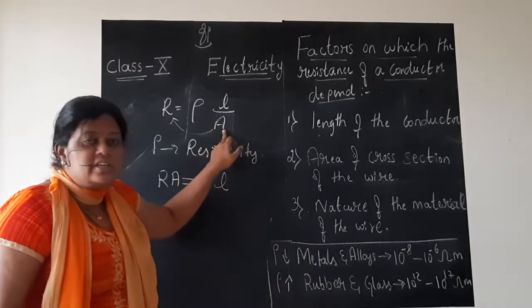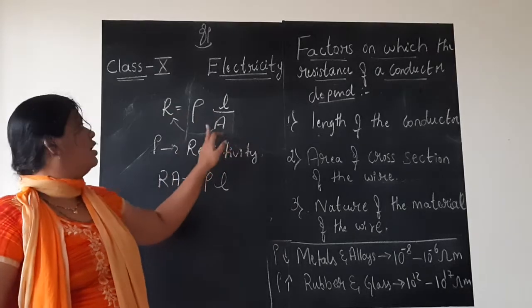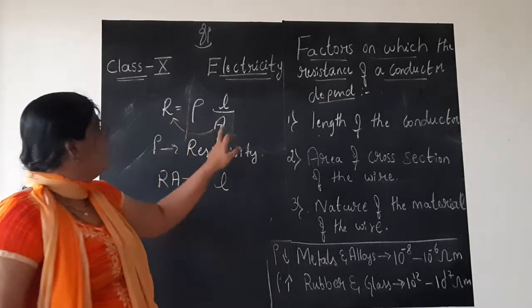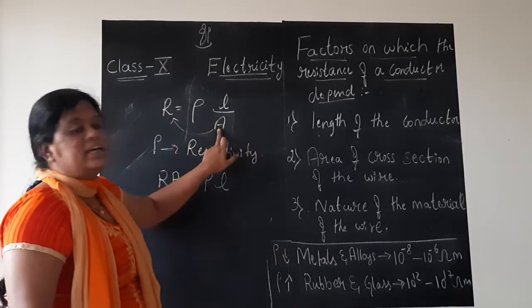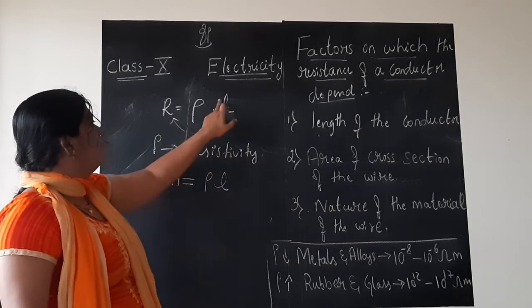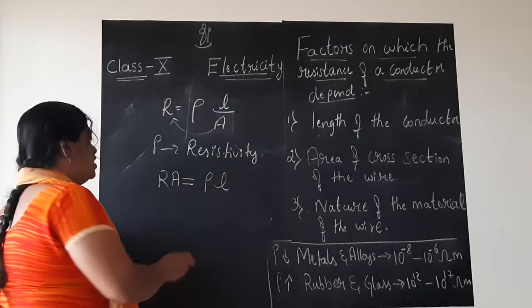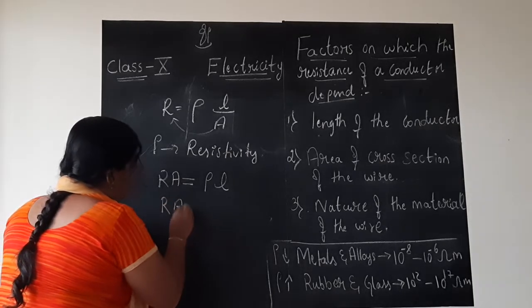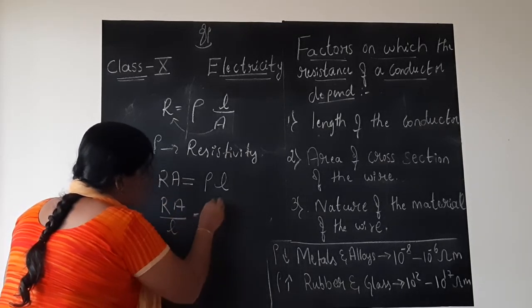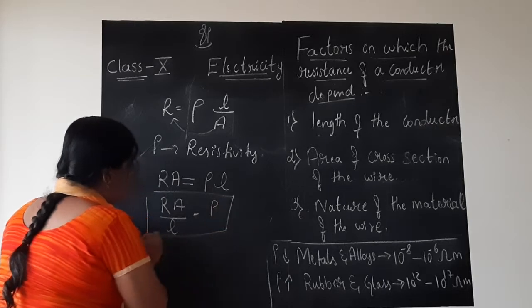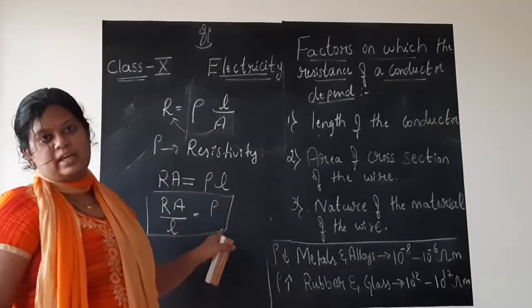If division is there when you send it to LHS or RHS, you should multiply it. See here, in the denominator A is there, so I multiplied, but L is in the numerator. What should I do to send it to RHS? I should divide. R into A by L is equal to rho is the formula for resistivity.